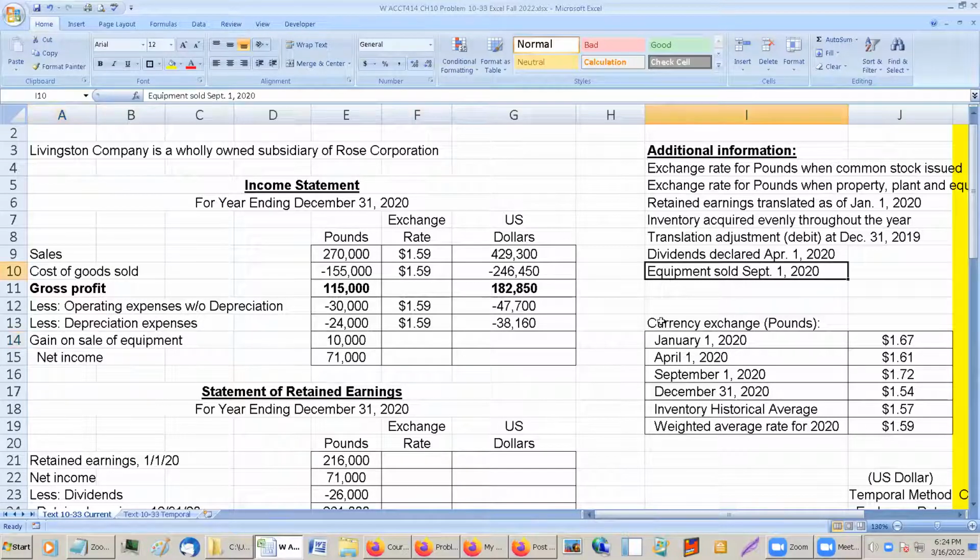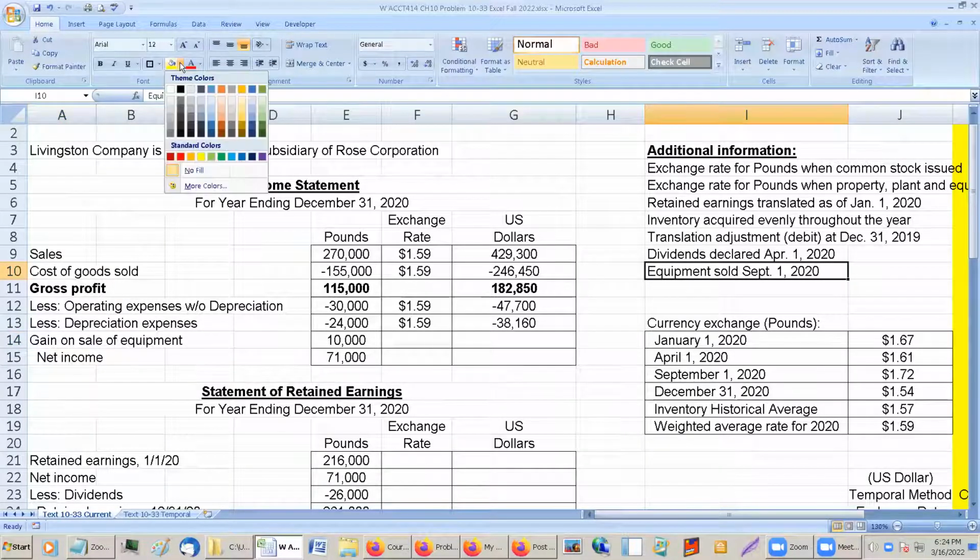Oh, here, equipment sold. Let's highlight that. Equipment was sold on September 1st.